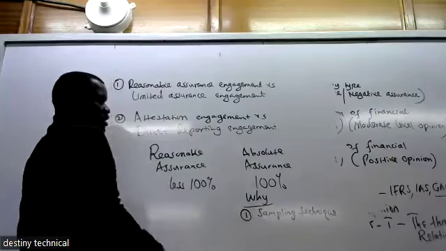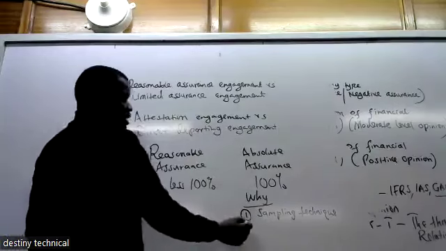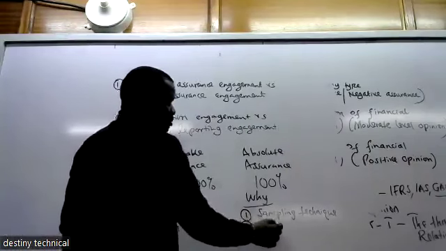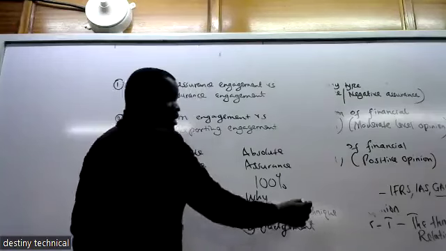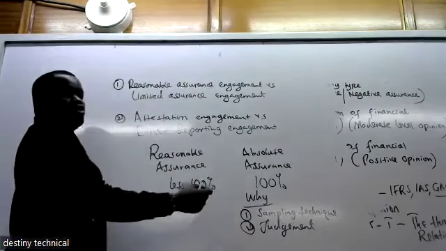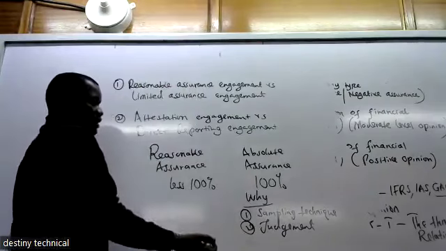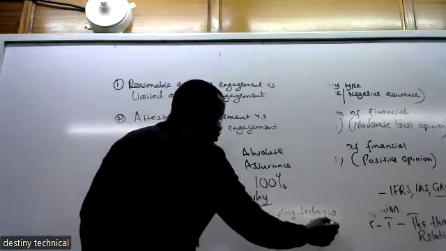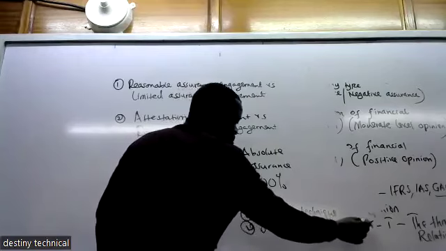So it's not possible to get absolute assurance. The number two is that auditors use judgment, so the audit evidence they obtain is persuasive rather than conclusive. And in the process, they can also be subjective.